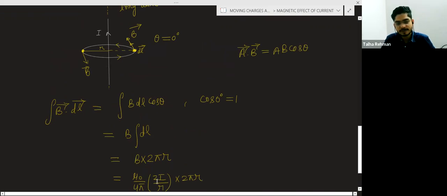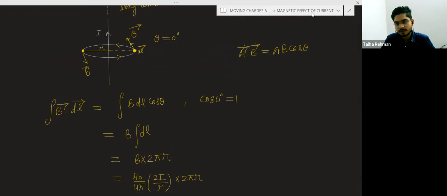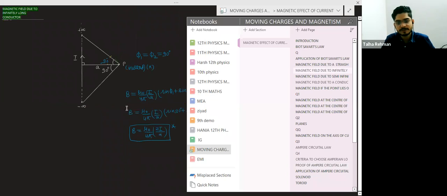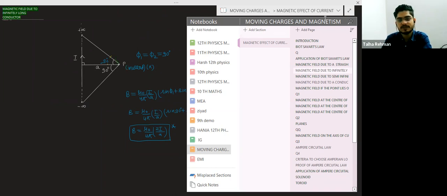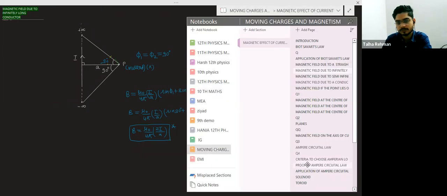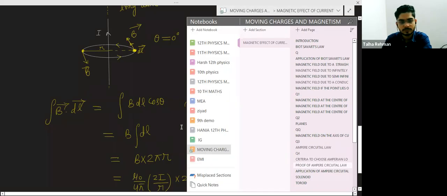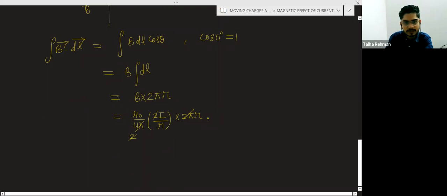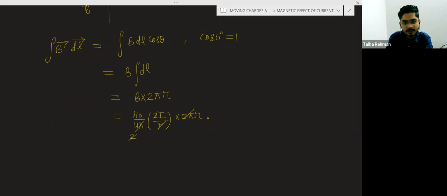Mu 0 divided by 4 pi times 2I by r. This is the formula for the magnetic field at a point P at a distance r from an infinitely long wire. Now the 2 pi and the 4 pi simplify, this 2 cancels with the other 2, and r cancels with r.